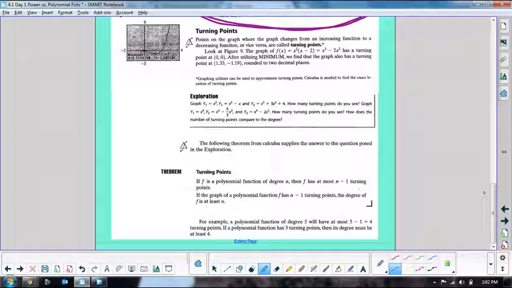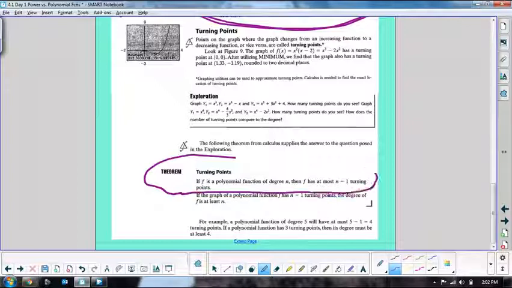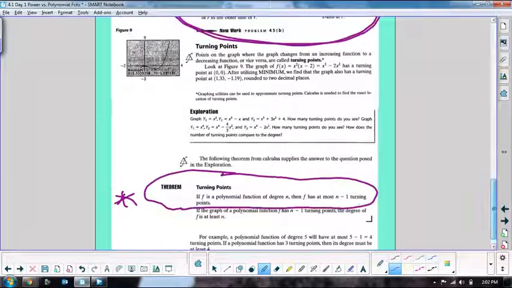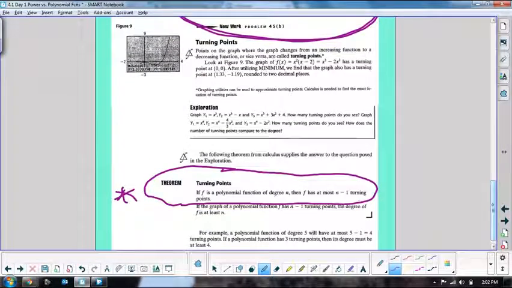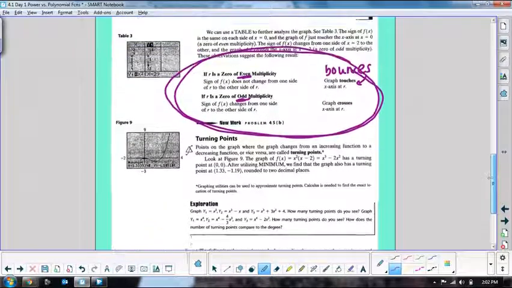It's written down here under this theorem. So if f is a polynomial function of degree n, then f has at most n minus 1 turning points. So if you didn't write that one down, make sure it's written somewhere. So in summary, max number of turning points, n minus 1 for a polynomial of degree n.